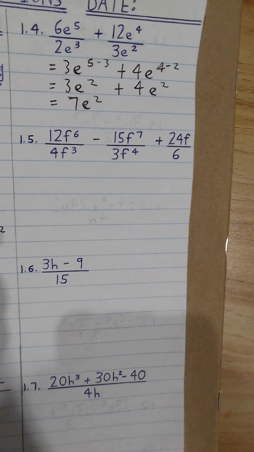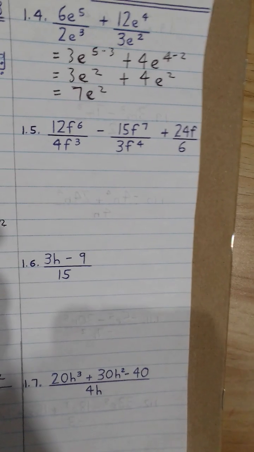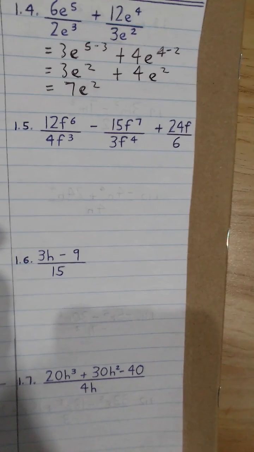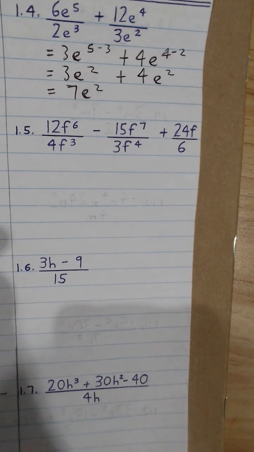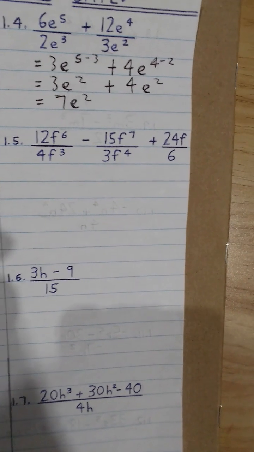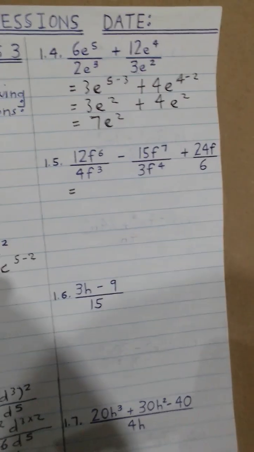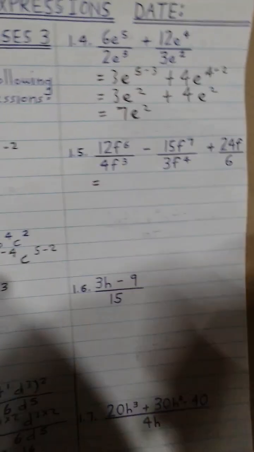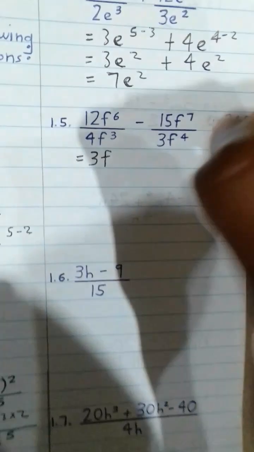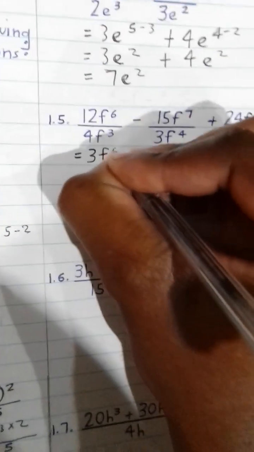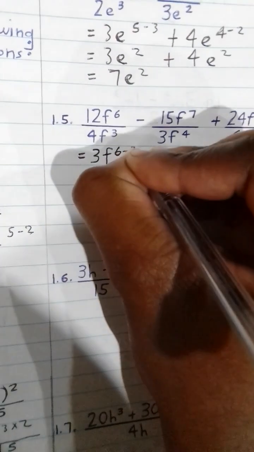1.5, 14f to the power of 6 over 4f to the power of 3, minus 15f to the power of 7 over 3f to the power of 4, plus 24f over 6. So this is going to be 12 divided by 4, 3, f, exponent at the top is 6, minus exponent at the bottom is 3.